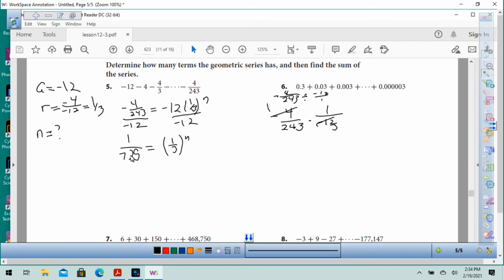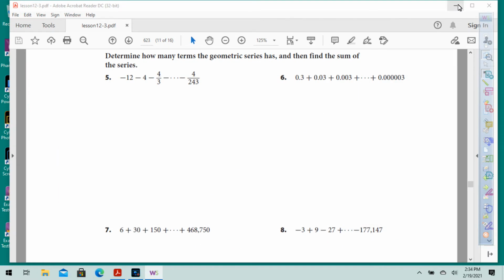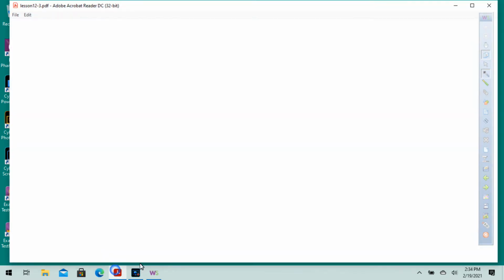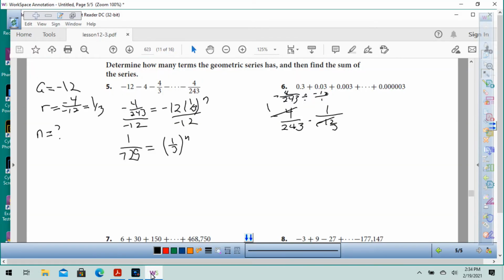Well, let's see here. That's going to be like 3 to the... I'm going to need my calculator real quick. Where's my calculator? All right. And this is supposed to be n minus 1.